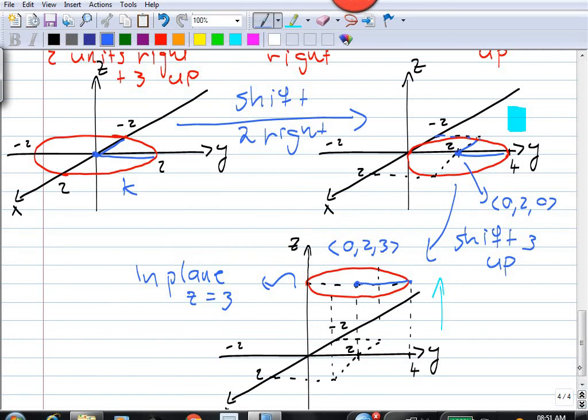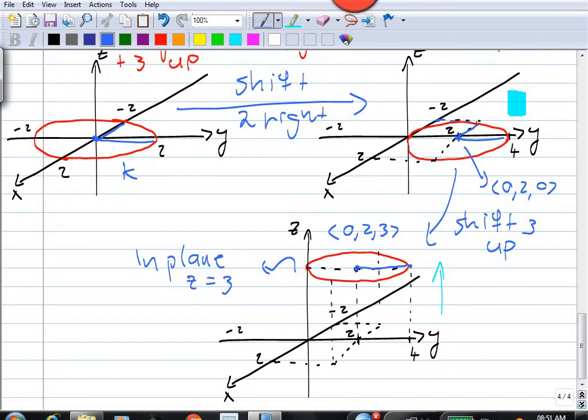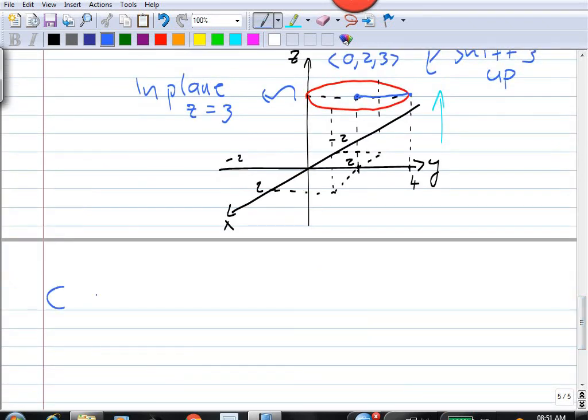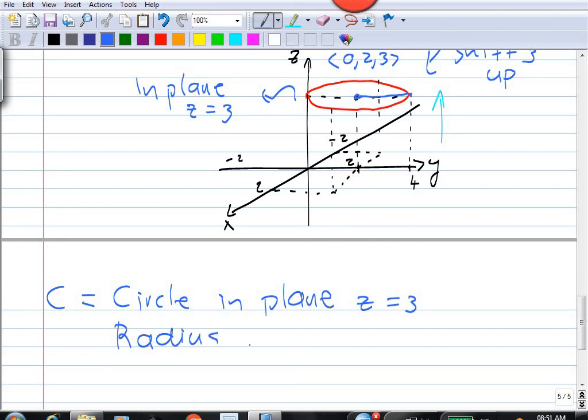So our curve C is a circle in the plane z equals 3. Its radius is 2, and its center is at 0, 2, 3.